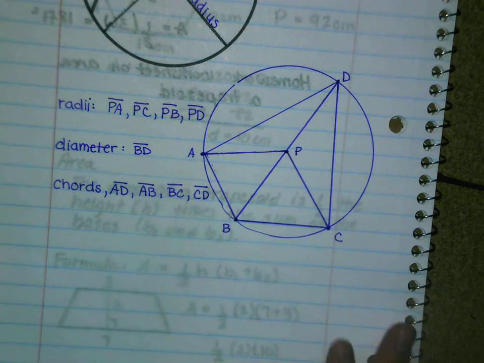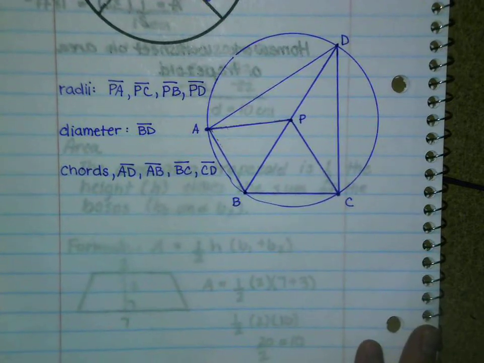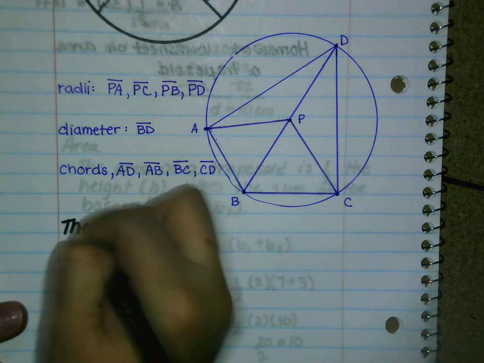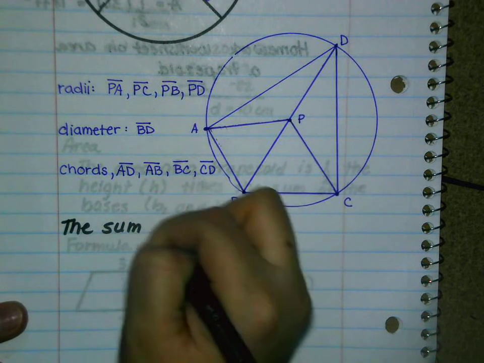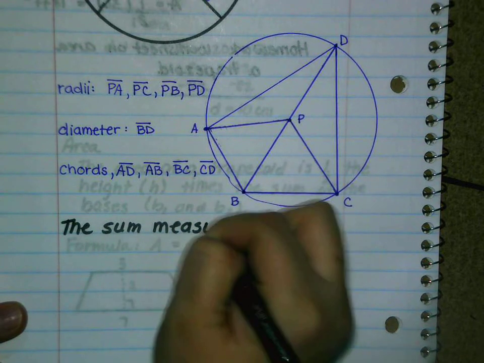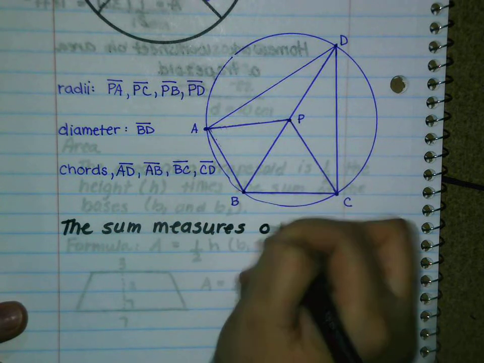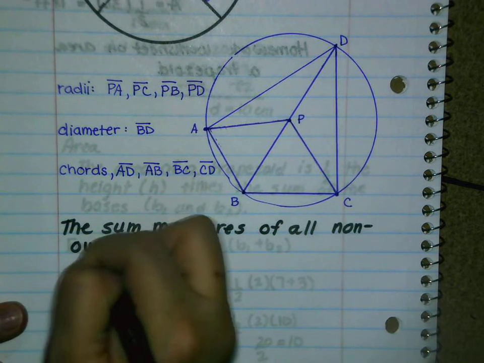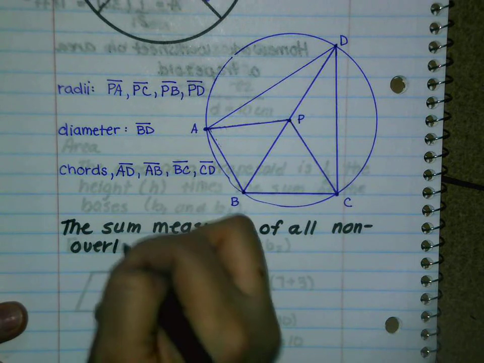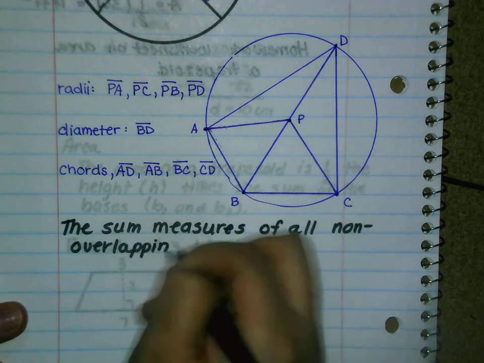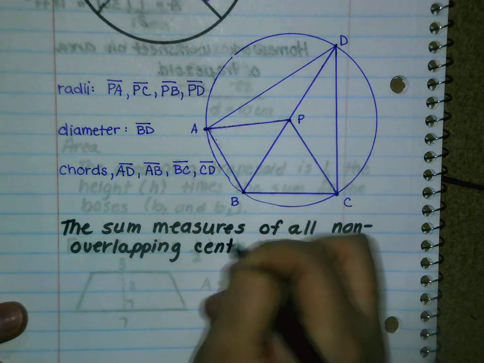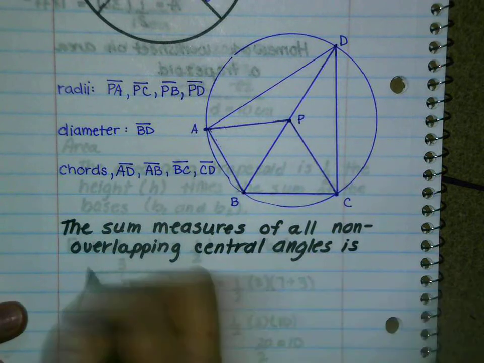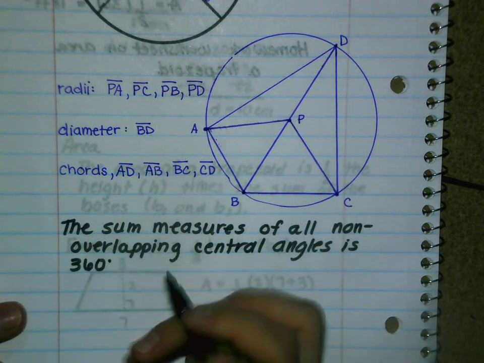The important thing to know about sectors and central angles is that the sum of the measures of all non-overlapping central angles is 360 degrees.